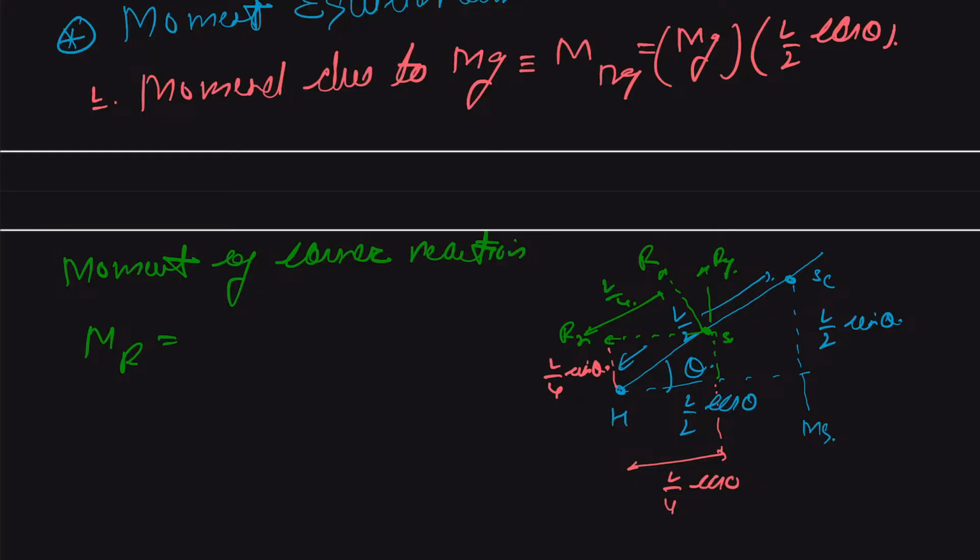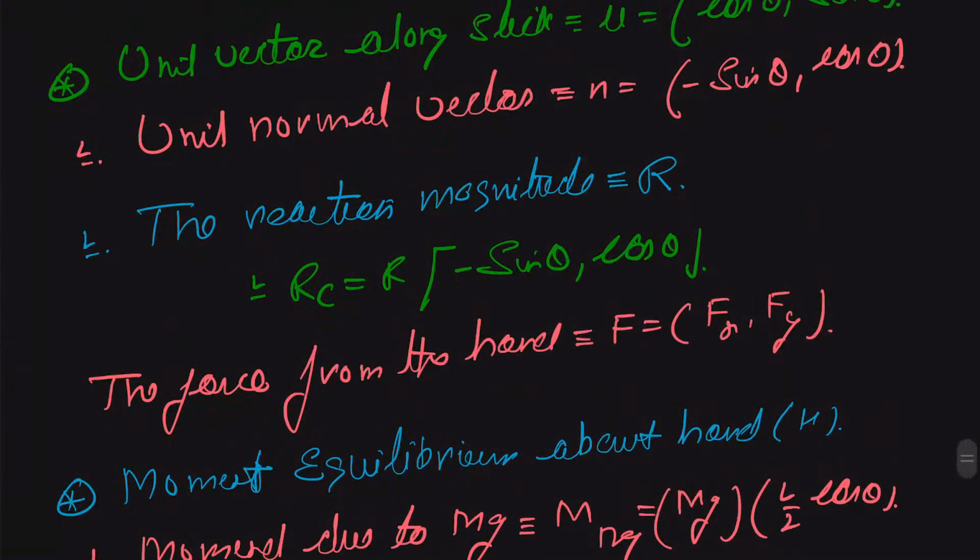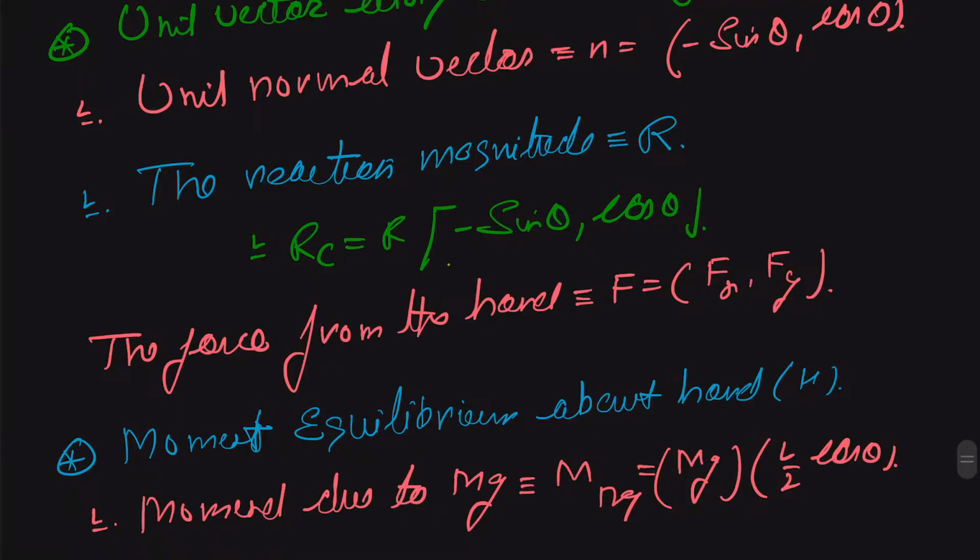Therefore, we can write that M of R will be equal to R of Y times L by 4 cos of theta, plus R of X times L by 4 sine of theta, and we already know that this is our X component as well as this is our Y component.